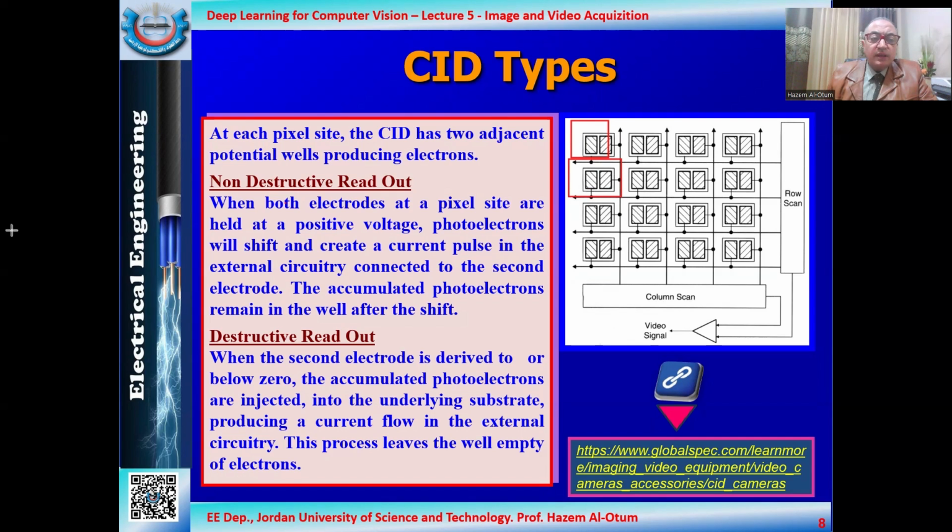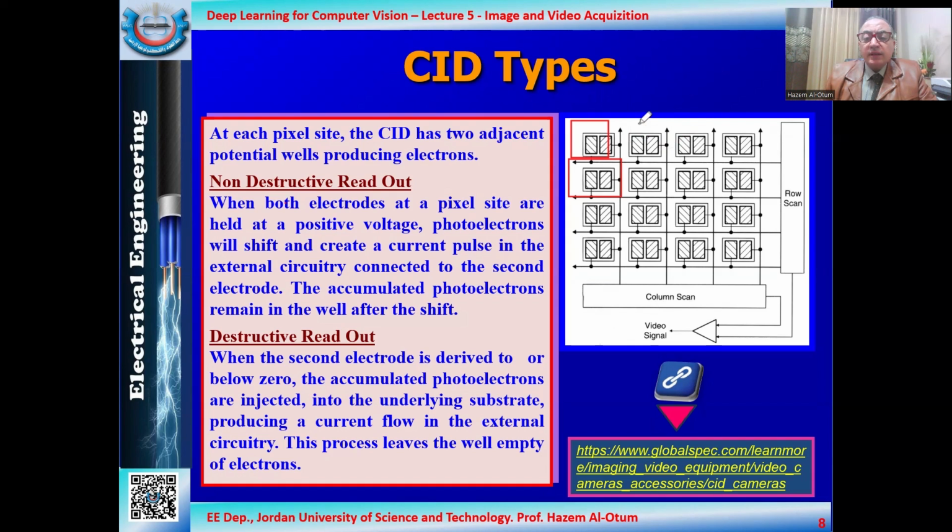So when exposing this camera to the light, it will be charged, as you see here. It will be charged with the proper value of electron charge, or photoelectron power or intensity.